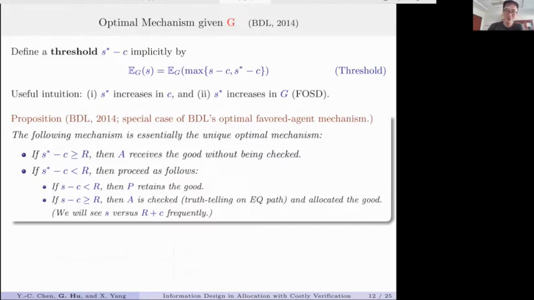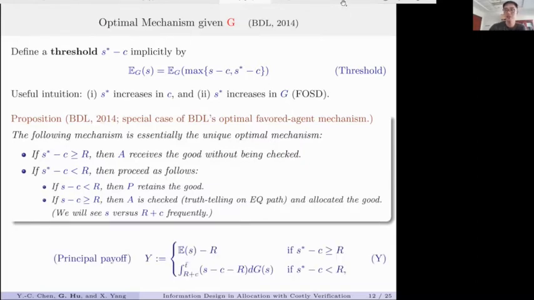So in this case, the principal returns the good. And if the reported signal is high enough so that it's worthwhile to check the agent, then the agent will be checked, found truth-telling on the equilibrium path, and get the good. So this is the optimal mechanism from BDL, and we will directly use the result.